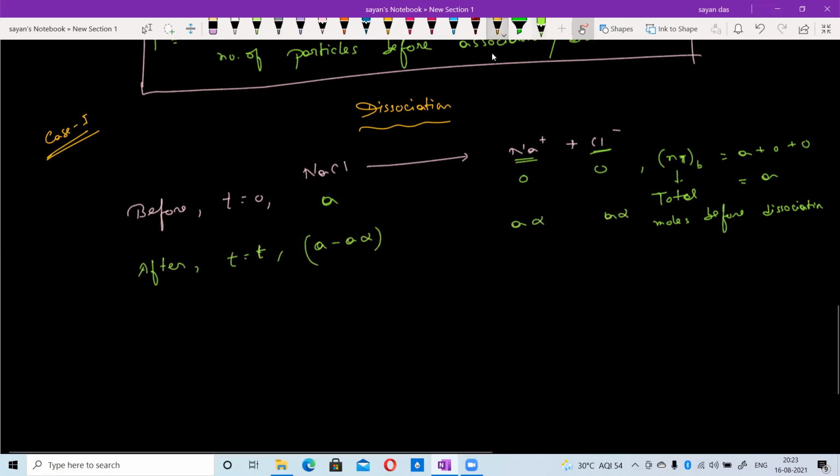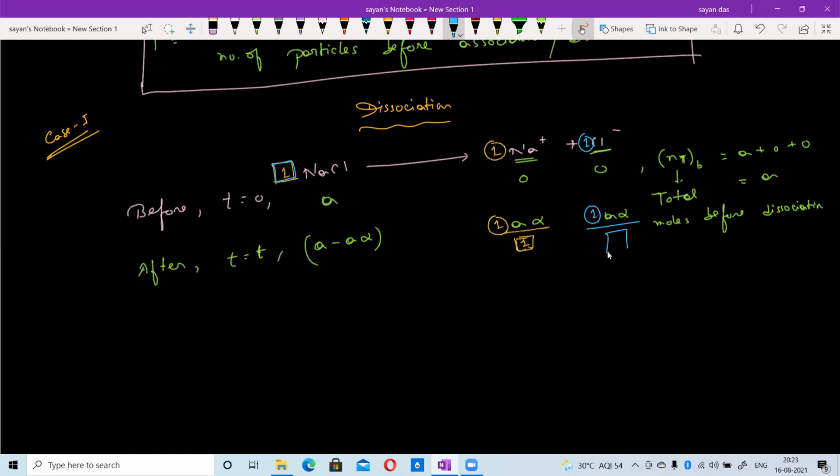Now, how can you write this one? The stoichiometry present here, you have to multiply it, and the stoichiometry present here, you have to divide it. So 1 divided by 1 means this one is 1. Again, whatever stoichiometry is present here, you multiply it, and this one you divide it.